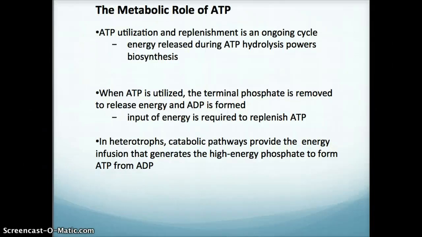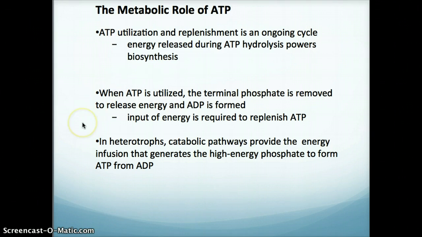So when we're talking about the metabolic role of ATP, ATP is utilized and replenished in an ongoing cycle, meaning that we're using it up when we need energy, but then we're quickly replenishing it when we're breaking down nutrients and we're storing it for later. So energy released during the ATP hydrolysis powers biosynthesis, what allows the cell to make macromolecules and to do its functions.